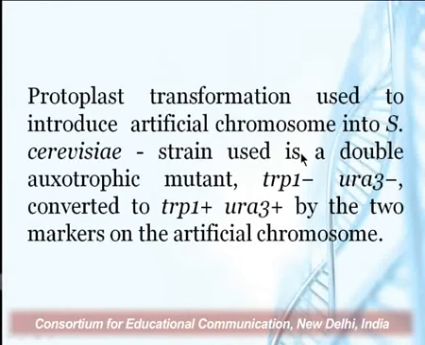Such a transformation method is used to introduce the artificial chromosomes into Saccharomyces cerevisiae, and a double auxotrophic mutant is used, which is TRP1 negative and URA3 negative. So a double mutant is utilized and the transformants are selected because they get transformed into TRP plus and URA3 plus.